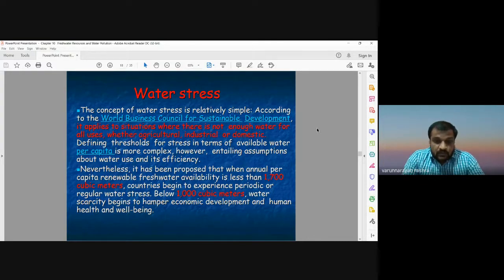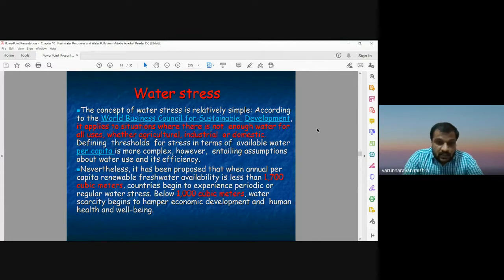So the threshold for water availability is around 1,700 cubic meters. But if availability is below 1,000 cubic meters per person in that area, water scarcity begins to hamper economic development and human health and well-being.